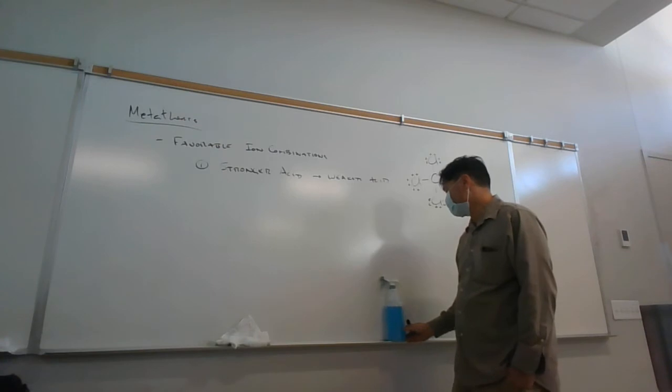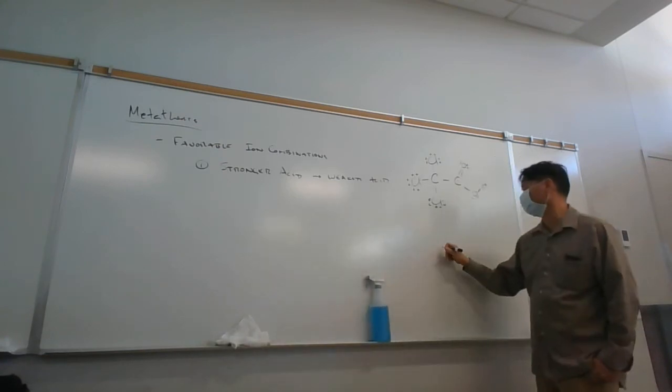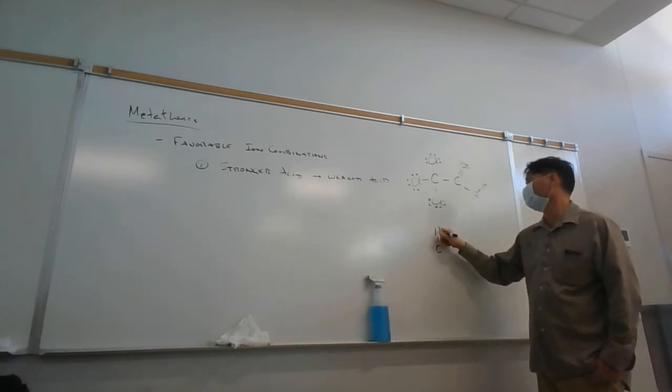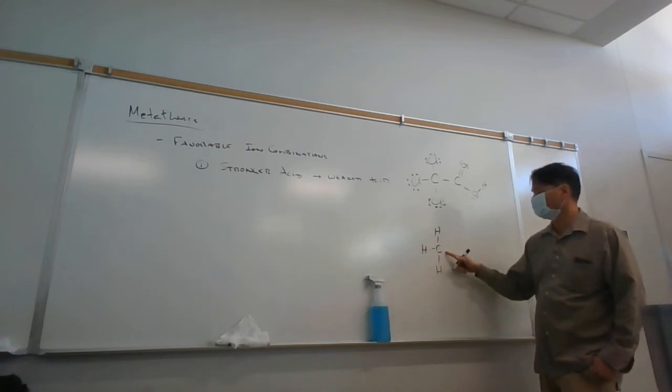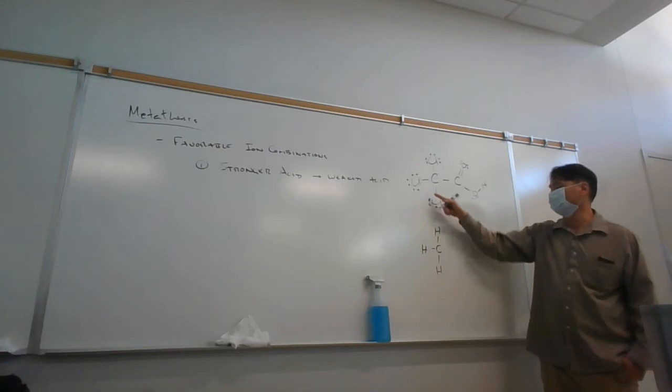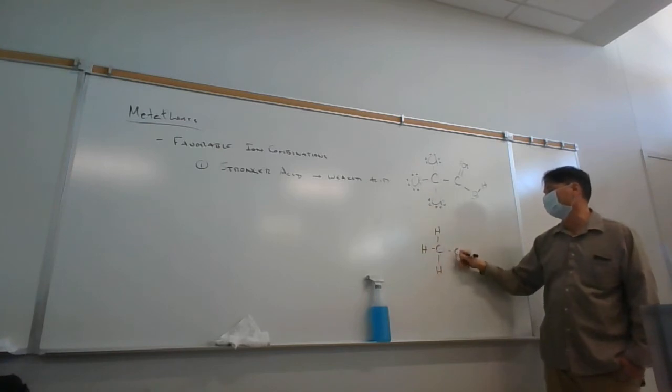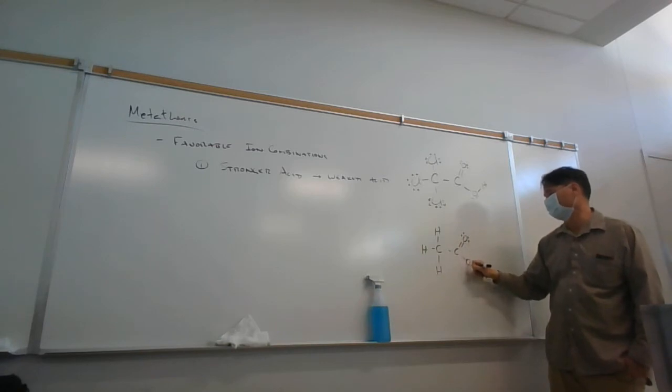If I look at acetic acid, the structure is very similar. Have a C that instead of having 3 chlorines bonded to it, I'll have 3 hydrogens bonded, and then I'll have my carboxyl group. The COOH group. The 2 oxygens aren't bonded to one another.